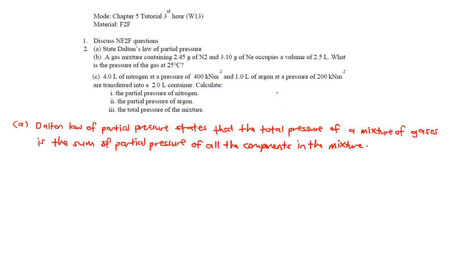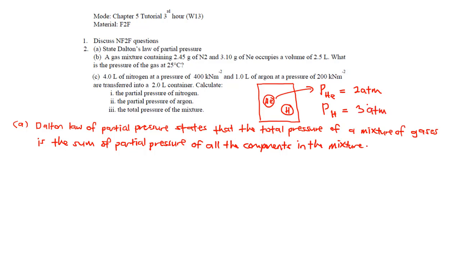I'll give a very simple example. Let's say you have a closed jar and you have two types of gas, for example helium gas and hydrogen gas. It is a mixture of unreacting gases, meaning they do not react with each other. Let's say the pressure of helium is 2 atm and the pressure of hydrogen is 3 atm.